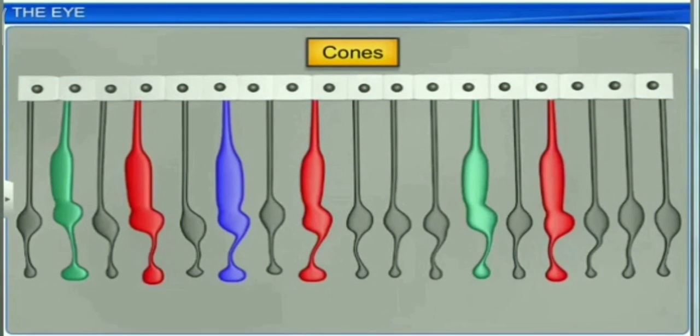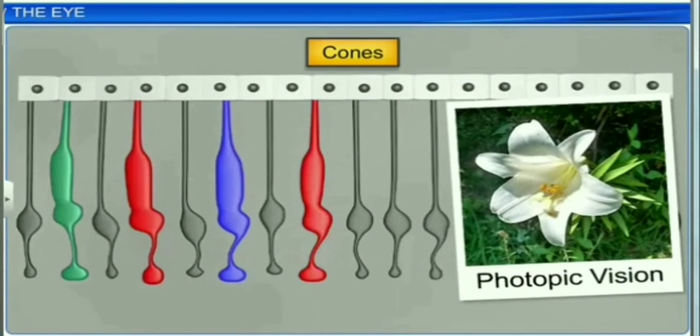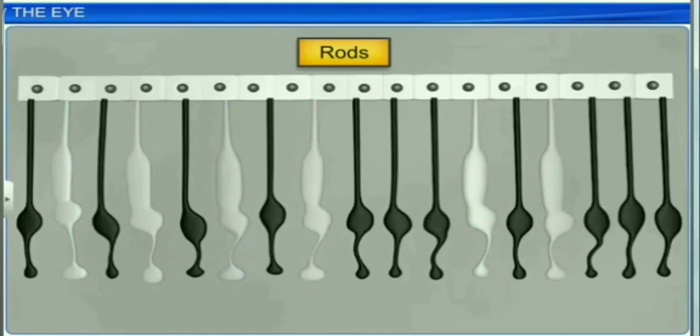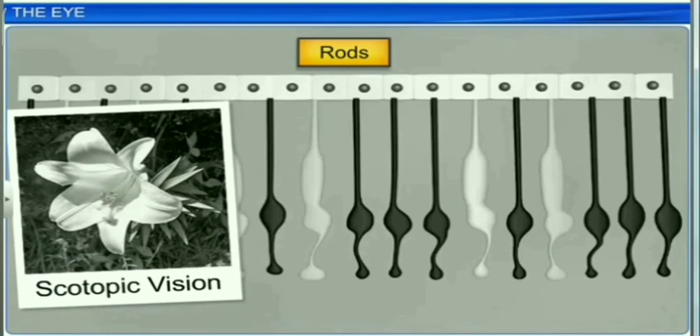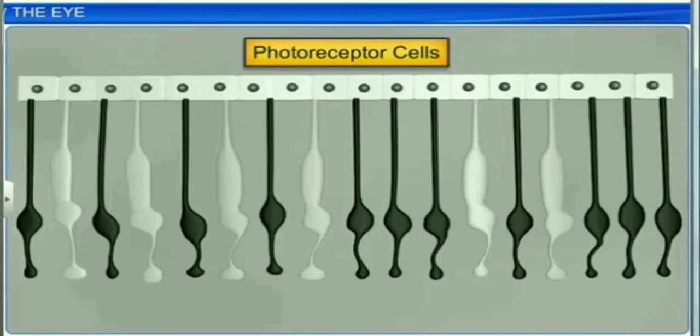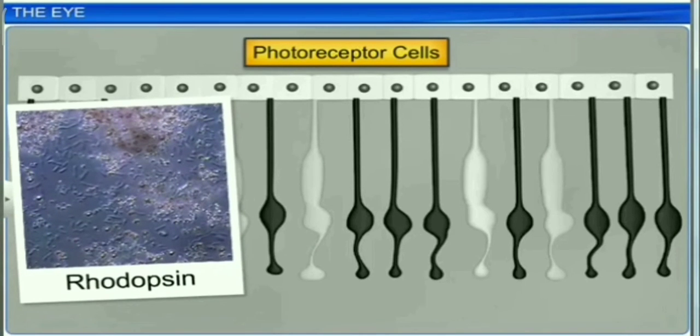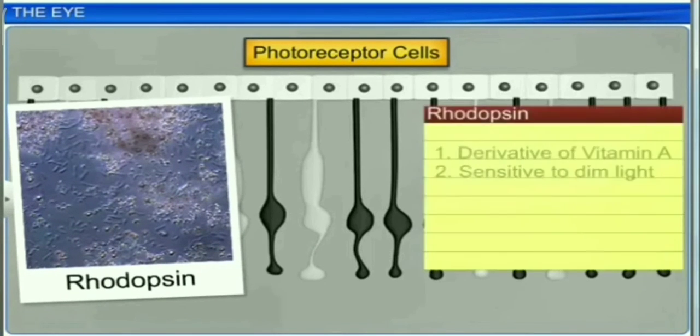Cones are responsible for daylight or photopic vision and color vision, whereas rods function in dim light or scotopic vision, or we can say black and white vision. The purple red protein called rhodopsin is present in rods, which is a vitamin A derivative.